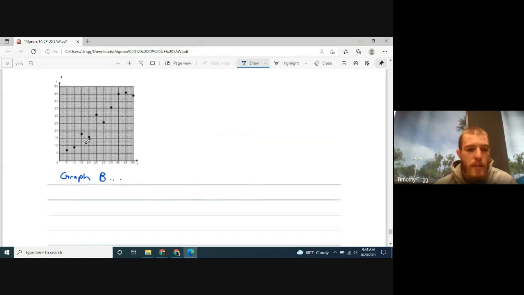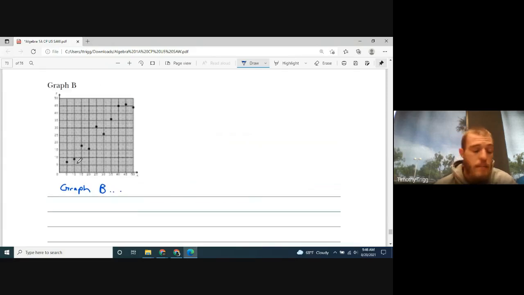So what kind of variables could these be? Well, you could basically put anything you want as long as whatever the X variable is, as X increases, Y also increases. So you could have the x-axis be the height of people and the y-axis be shoe size, right?